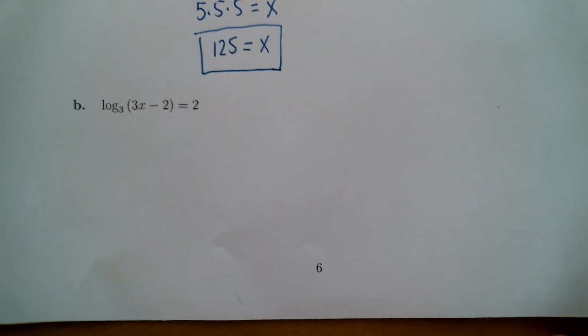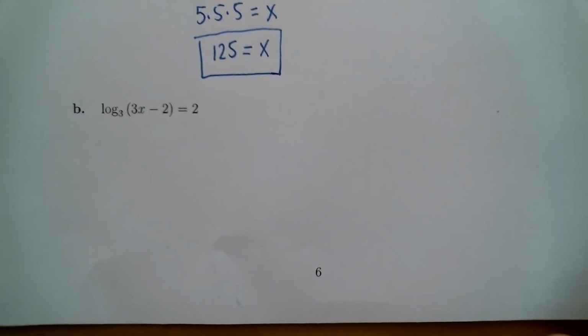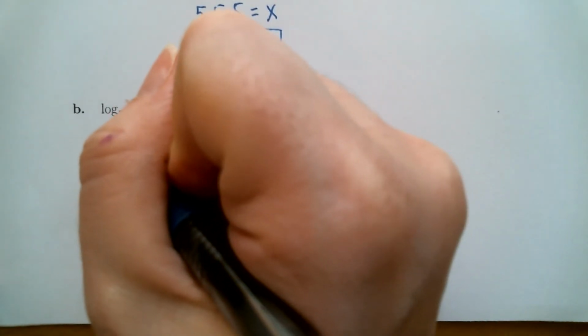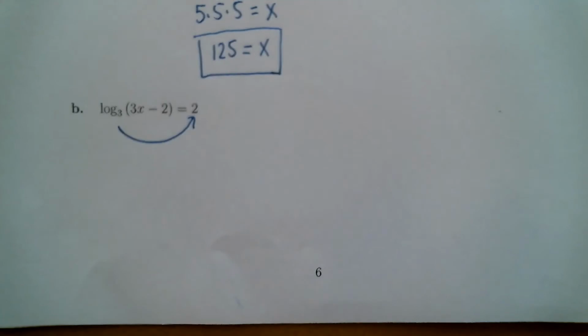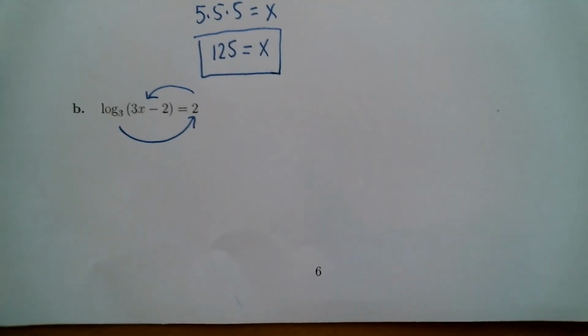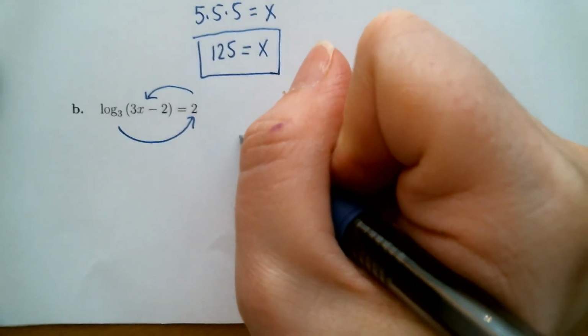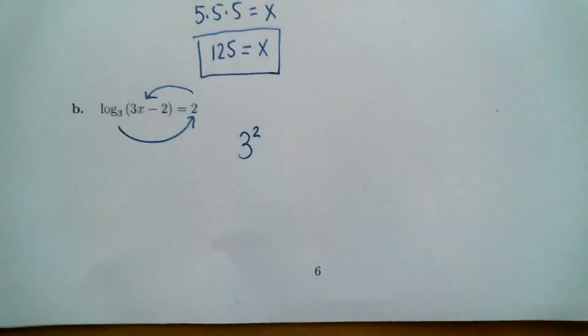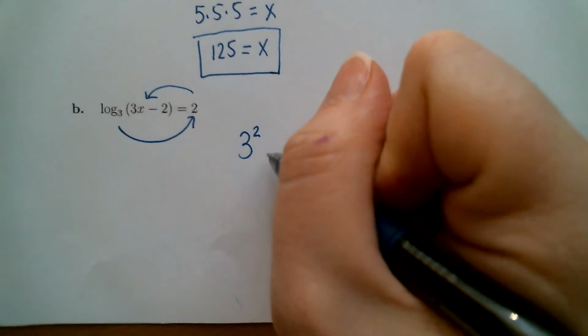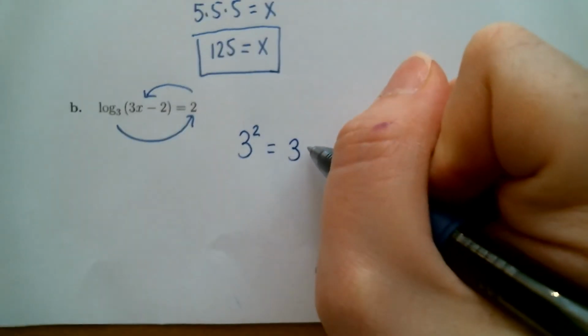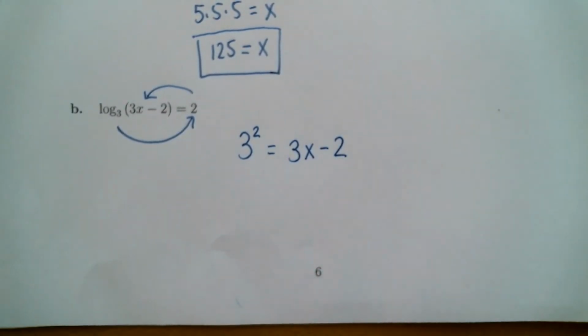Log base 3 of 3x minus 2 equals 2. Again, if I take the base 3 and raise it to the second power, I should be getting this entire quantity. So an equivalent exponential statement is 3 squared is equal to 3x minus 2.